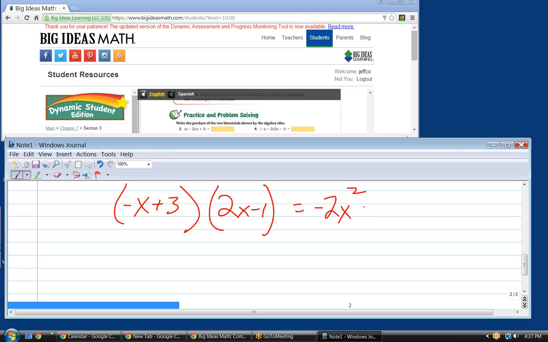Ah, plus x, yes. Excuse me. You have the right answer. Okay. Next term? Plus 6x. Okay. And then minus 3. Okay. Simplify. Simplify, that would make it negative 2x squared plus 7x minus 3. All right.